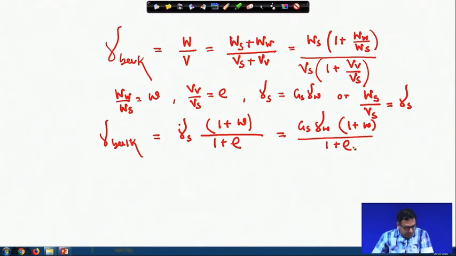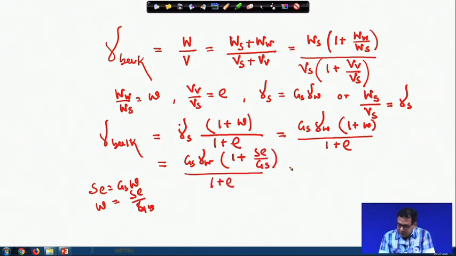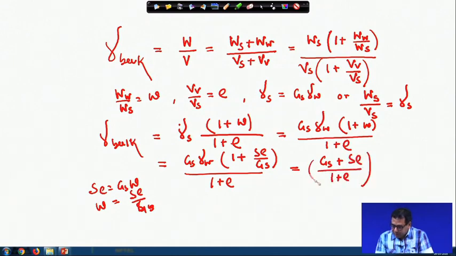Another way I can write, as we know A c is equal to G s W, so I can write G s gamma W into 1 plus A c divided by G s, divided by 1 plus E. So, we can write that this is (G s plus A c) divided by 1 plus E into unit weight of water.